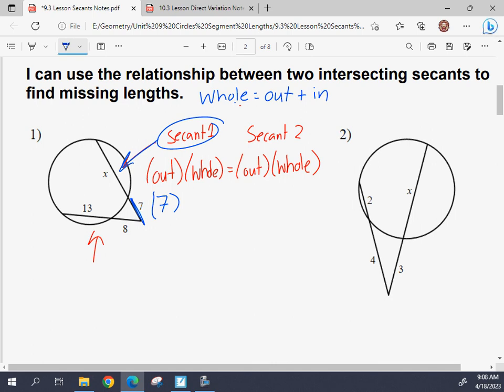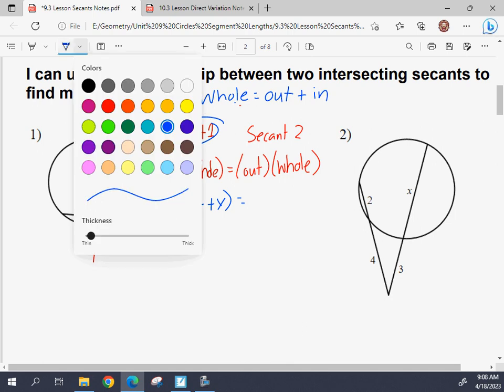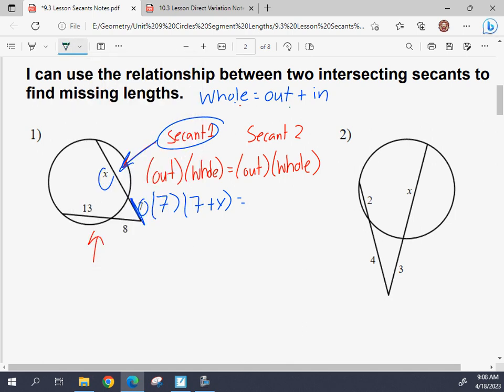So in this case, 7 plus x. And then for this second one, the outside piece is 8. And the whole thing is 8 plus 13, the outside piece plus the inside piece. It's important that you are adding those two pieces together to get the whole length.